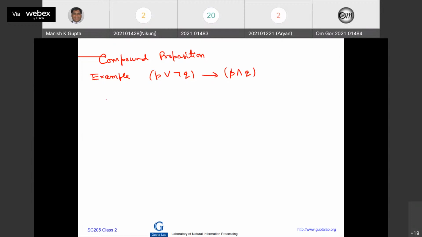You can make a table: P, Q, negation of Q, then P join negation of Q, and then we have P join negation of Q implies P.